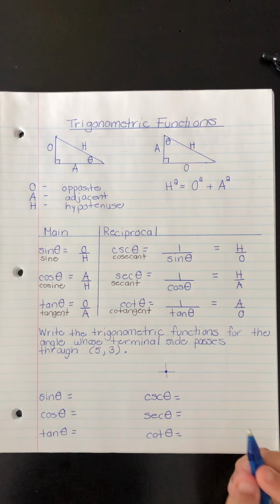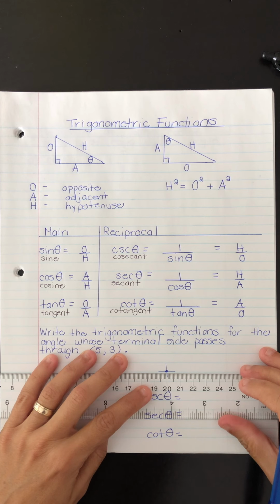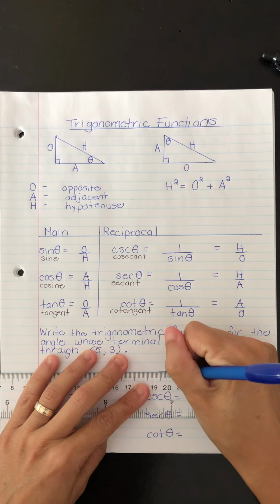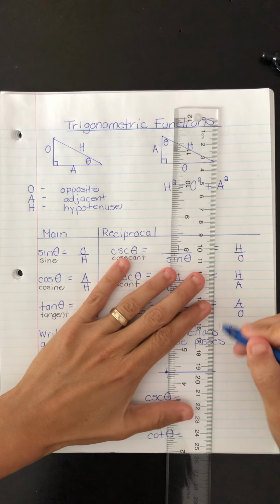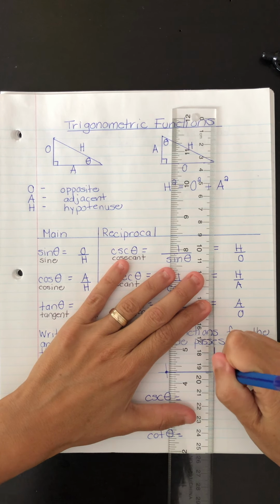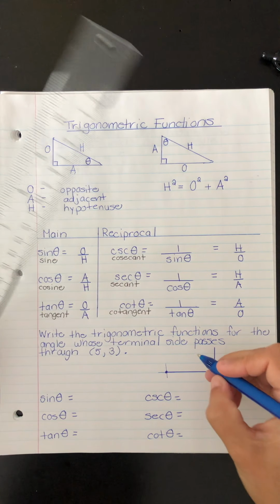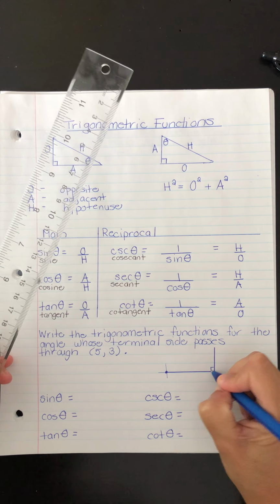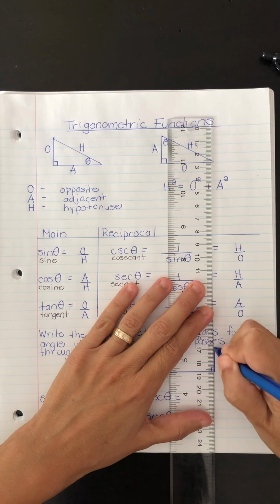I'm not going to do this to scale necessarily, but I'm just going to say that that's 5 and that is 3. And that was meant to be perpendicular there. I went a little bit beyond 90, but you get the idea.